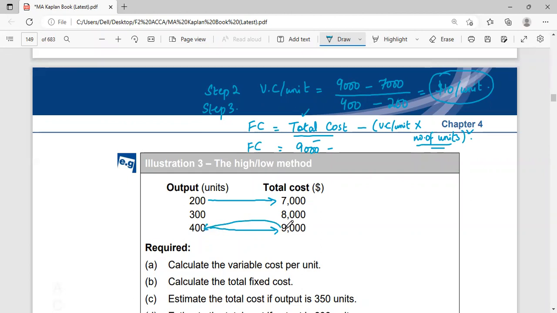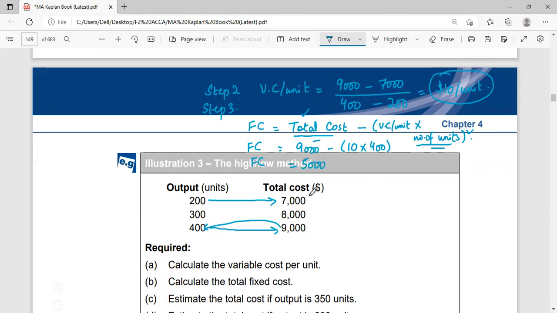So if you are taking 9,000 outside the bracket, then inside the bracket the number of units should be relevant to that cost, that is 400. So variable cost per unit is 10 and number of units we will take 400. It will give you the fixed cost of 9,000 minus 4,000, 5,000.